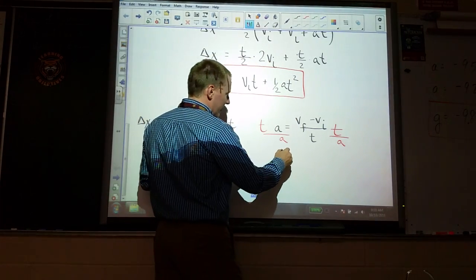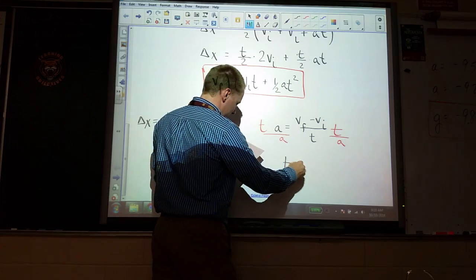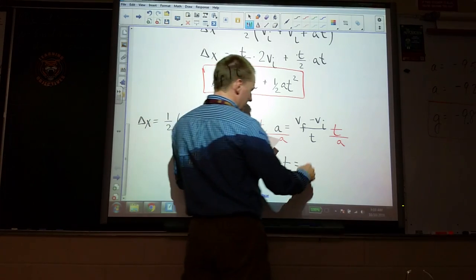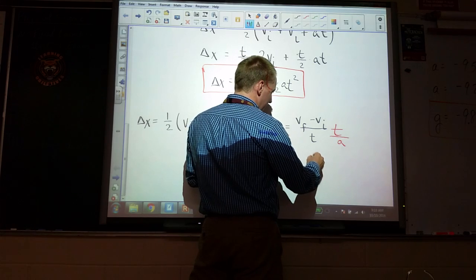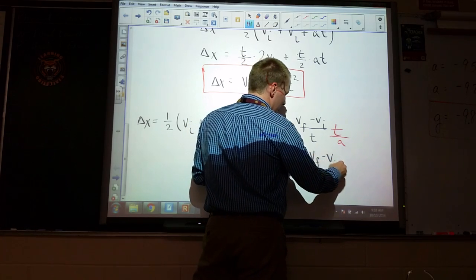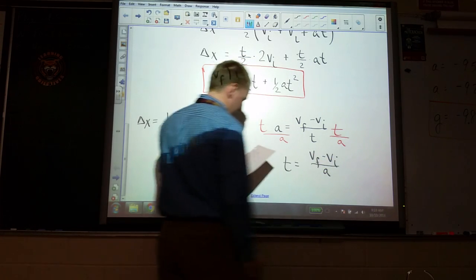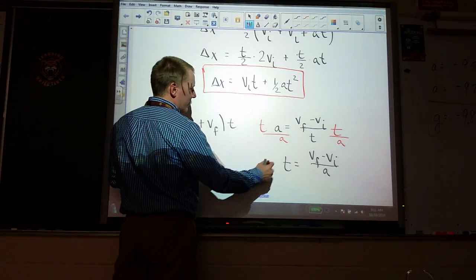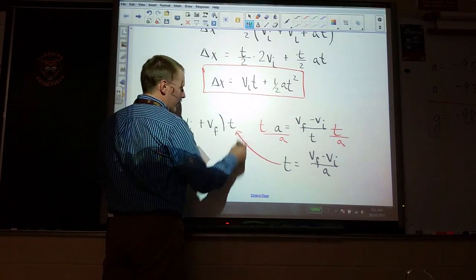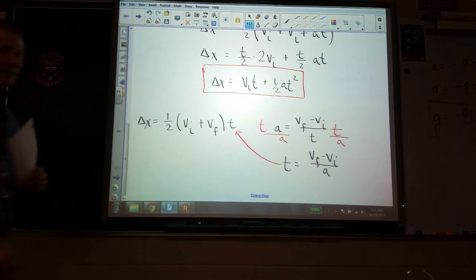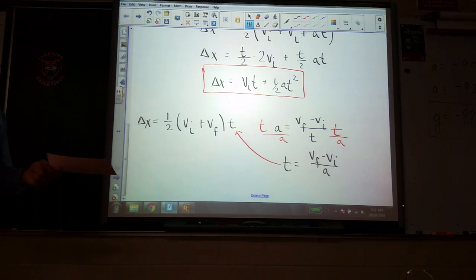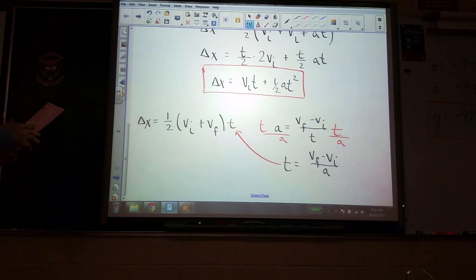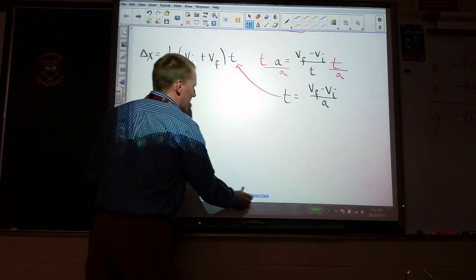So that would leave me with the a's canceling here, just a t on that side, which would be v final minus v initial over acceleration. And if you guessed that we were going to substitute that up here, then you guessed correctly.